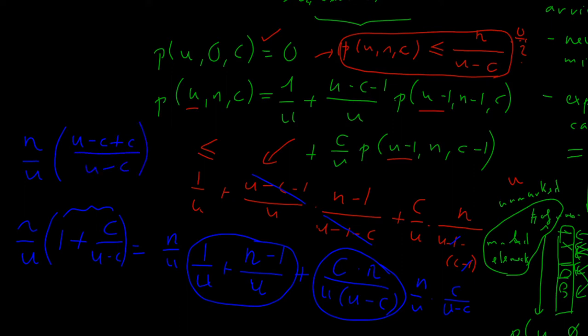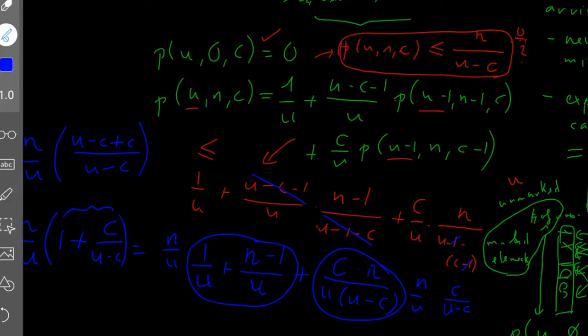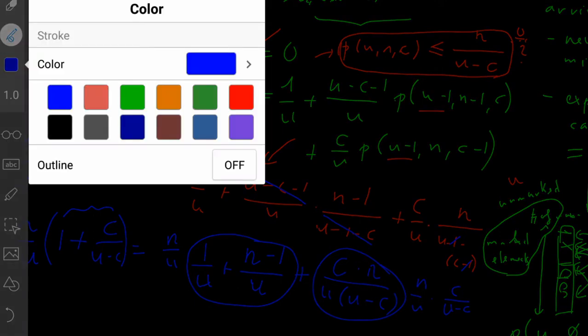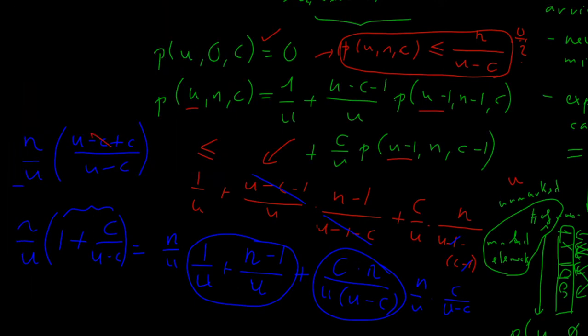I just moved this one over and put it into the denominator, and then we can cancel out these terms, because minus C plus C, and then I will have U divided by U minus C, and then I can cancel out U, and then it turns out to be N divided by U minus C, exactly what we just hoped to prove, which means that this is a good formula for this recursion.